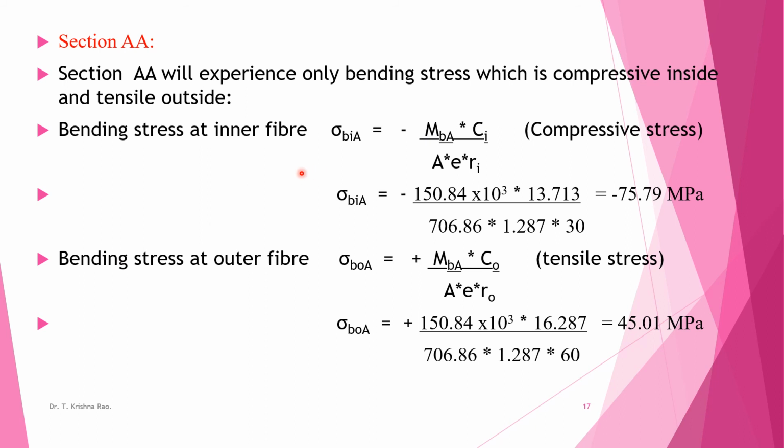There is nothing like eccentric, it is directly only a bending stress. Inside is compressive, outside is tensile. So MB A Ci by A e Ri is a negative value inside. MB A C0 by A e R0 is tensile at the outer fiber. We get two stresses here. Section AA, inside is compressive, outside is tensile.